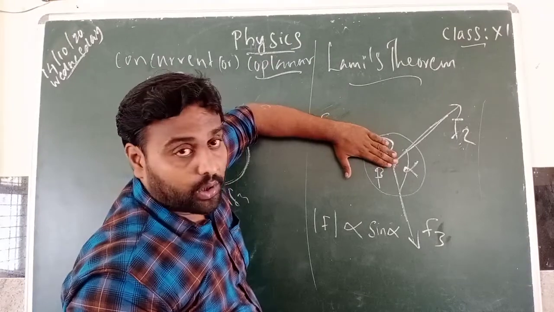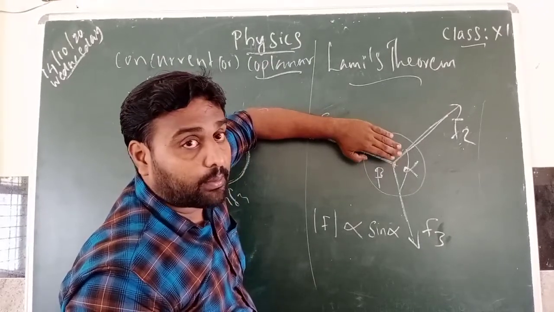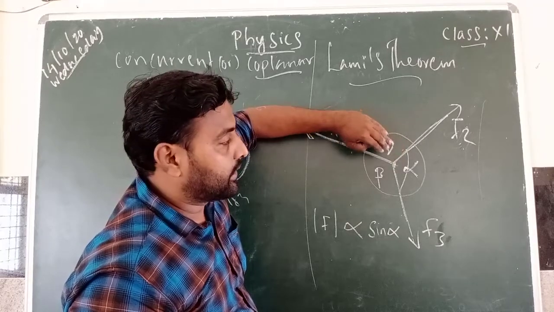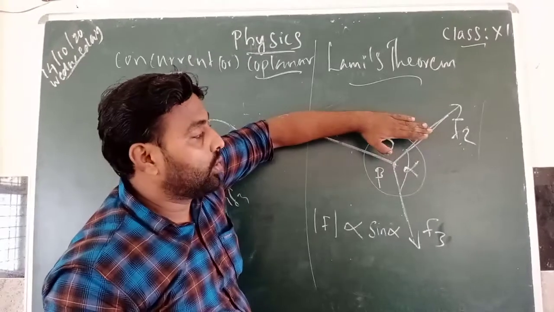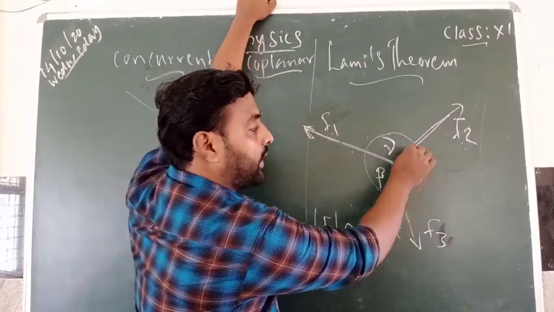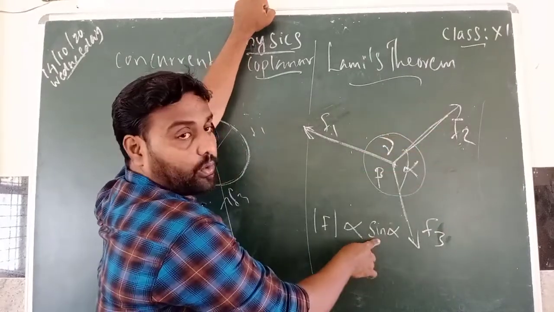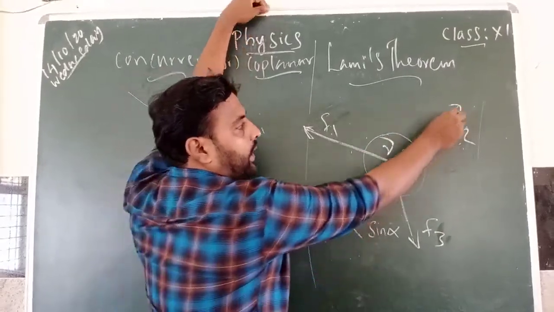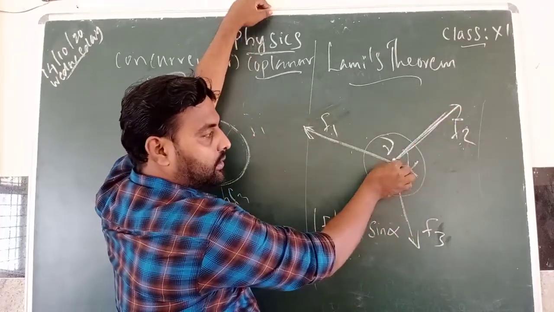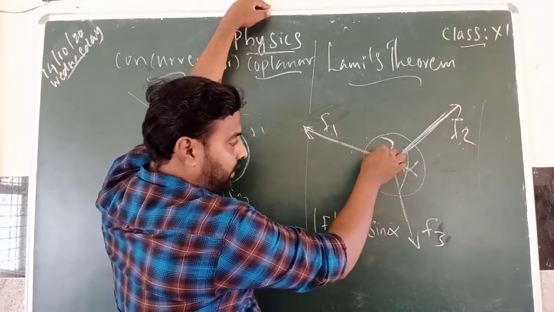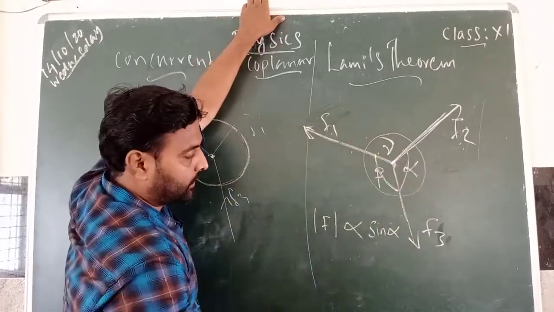So F1, the magnitude of F1, is proportional to the sine of the angle between the other two forces. Suppose we are finding F2. Opposite F2 is this angle, beta.